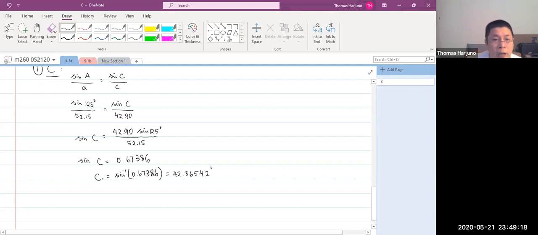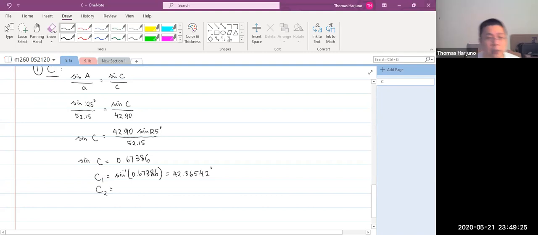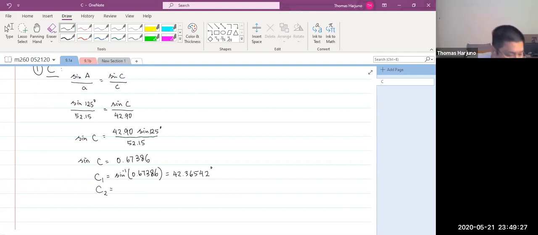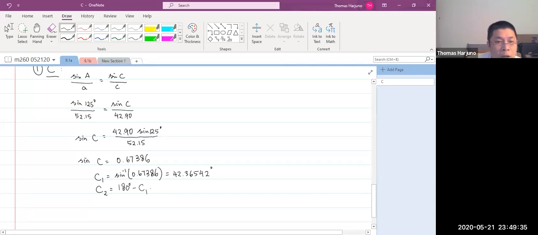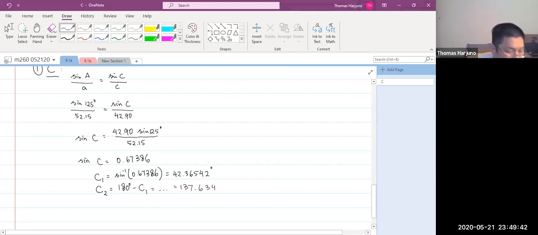And how about the angle in the second quadrant? Let's get it first, then decide. I get 180 degrees minus C1, whatever I get earlier. I get 137.63458 degrees.